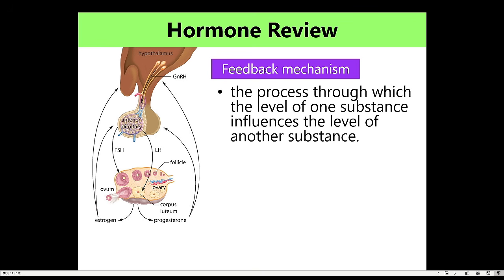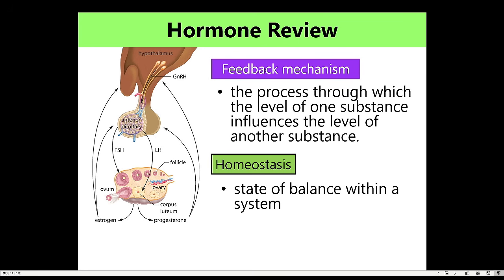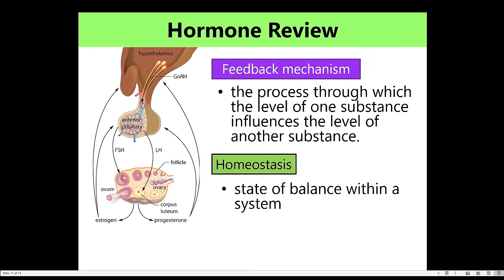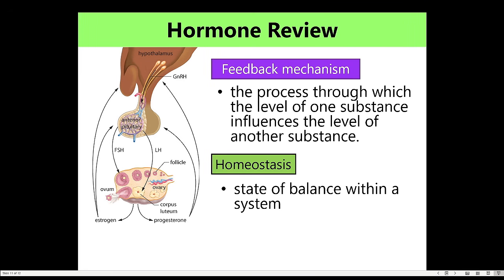When we say feedback mechanism, this is a process through which the level of one substance, particularly the hormones, influences the level of another substance. This is very important for us to maintain homeostasis. As we said last time, homeostasis, equilibrium, balance, they are all synonymous with each other.